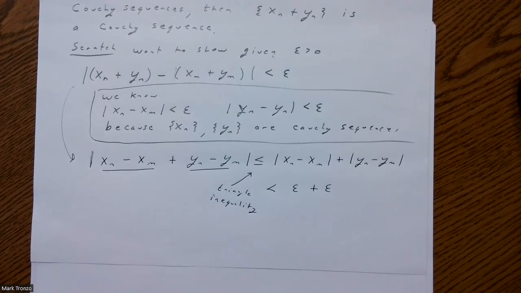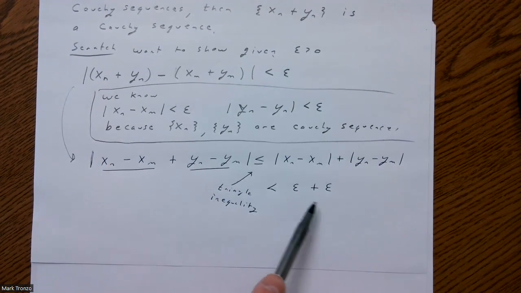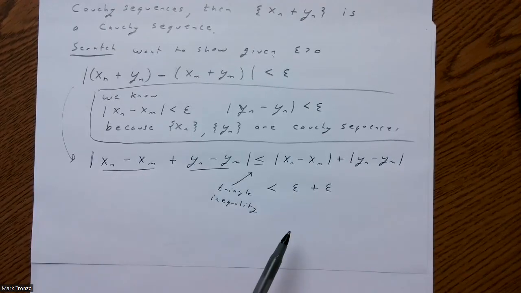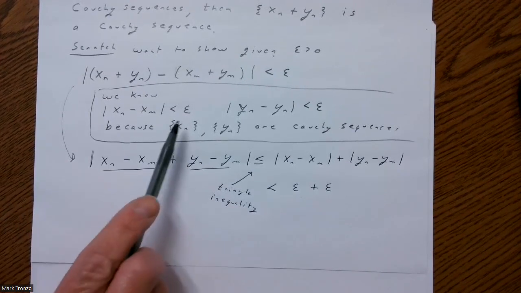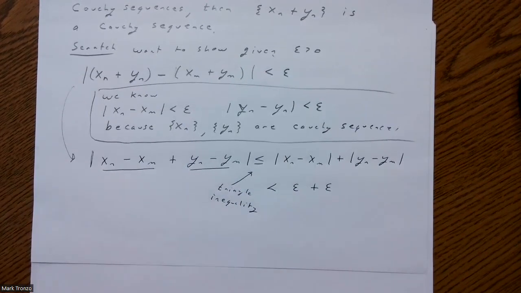And now we almost have what we want. Though when we do the proof, we would like this to be just epsilon rather than 2 epsilon. But what you can say is epsilon is just a number.